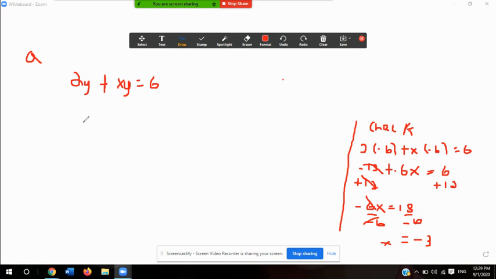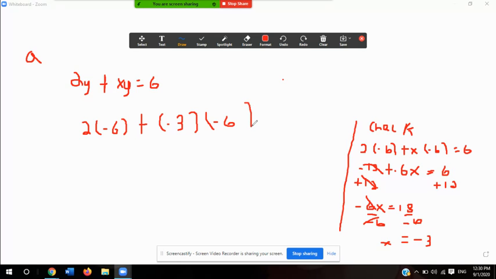So now I'm going to say, well, 2 times negative 6, because that's what I got for y, plus negative 3, because that's what I got for x, times negative 6, which is the value that I got for y.